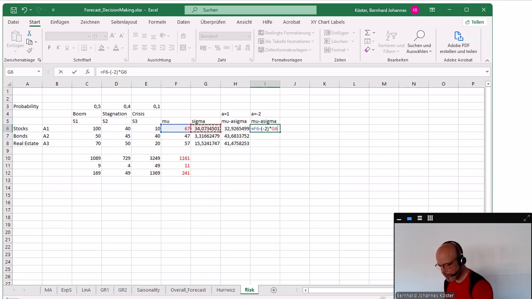So after the expected value principle, we have just the expected value, of course largest one with the stocks. Minus 2 means a risk-loving person, so I'm seeking large volatility. Just having a look at the numbers, which one will now be the largest, even without calculating it explicitly?